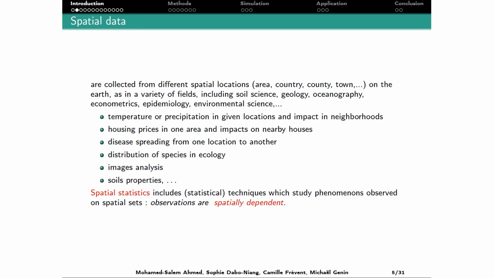Usually the basic case is that the space is latitude and longitude, like if you look at the temperature or air quality or some concentration index in a given location, and the location may be the house, a specific position, or it may be a department, a region, etc. And then spatial statistics is all these technical statistics that deal with spatial data. Usually, like I said, spatial data are dependent, and this is a hot point: how to model the spatial dependency and include it in supervised or unsupervised statistical methods.